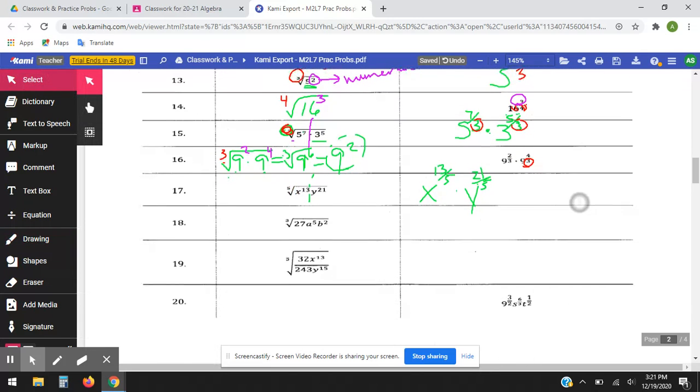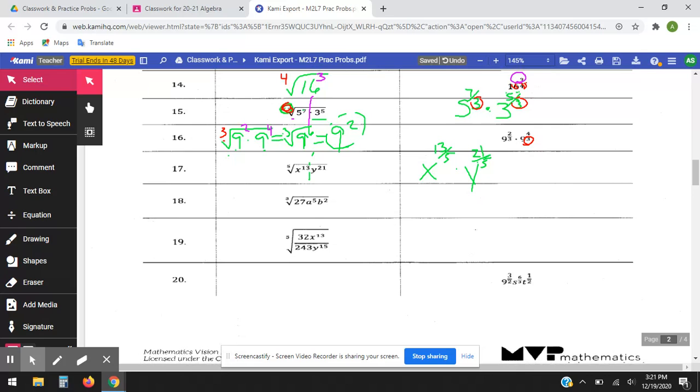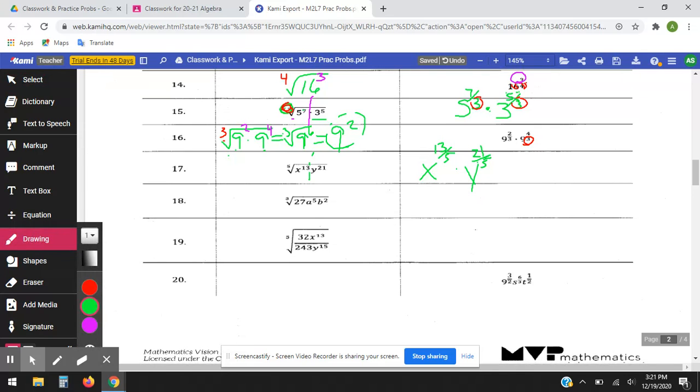Okay, scroll down a little bit. This one, we start getting a little more complicated. So now I'm going to have 3 different numbers or variables that I'm going to split. So I want, oh, I don't need a root sign, I need the exponent. So 27 to the 1/3 power, because notice there's no exponent up here, so the assumption is that it is a 1.